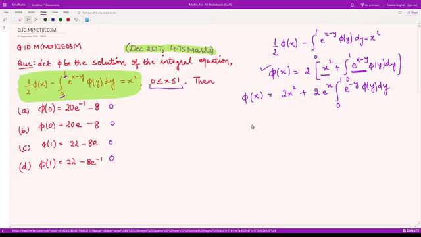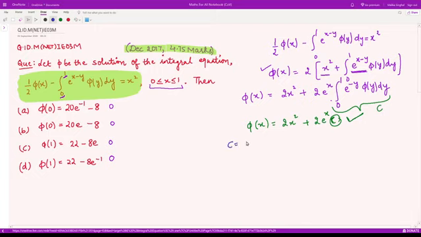So now let us solve this. I can call this term as some constant c, right? So what my phi becomes, the phi of x, it becomes 2x square plus 2 e to the power x into c, right? So this would be our solution, and here we need to find what is the value of c.